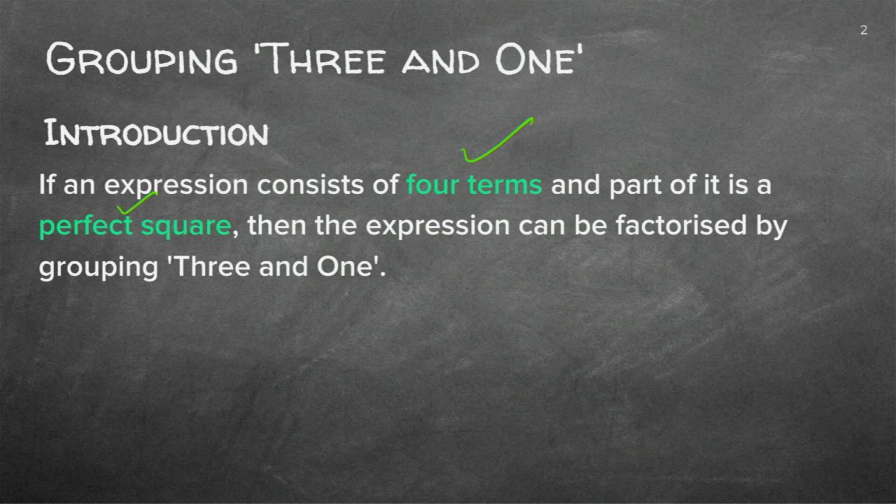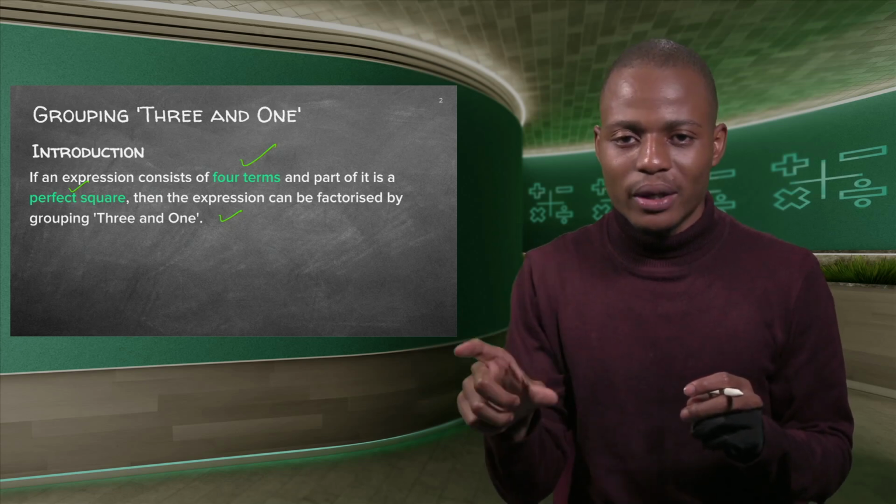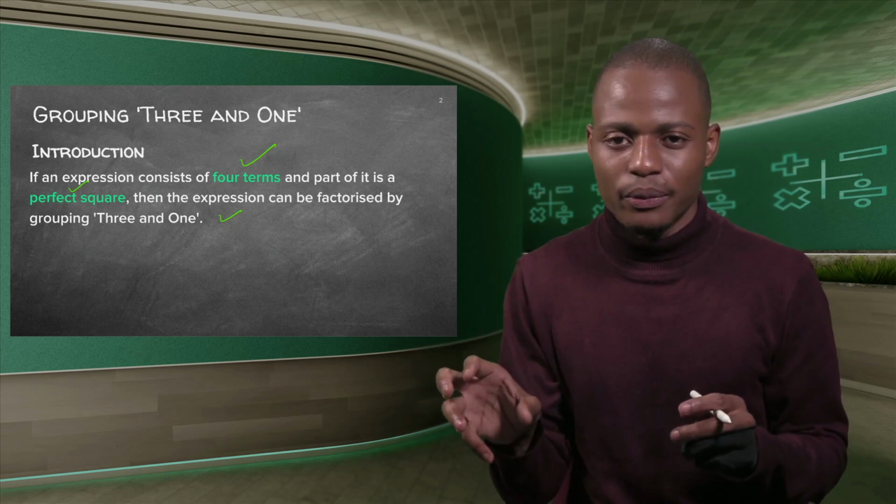So we have two conditions so far: 4 terms and perfect square. Then the expression can be factorized by grouping 3 and 1. So it means grouping 3 and 1, guys, you are grouping the first 3 terms because they're a perfect square, and also isolating the last term.